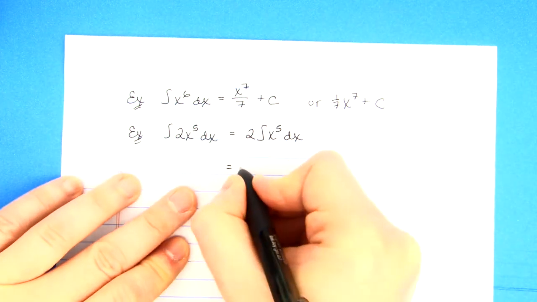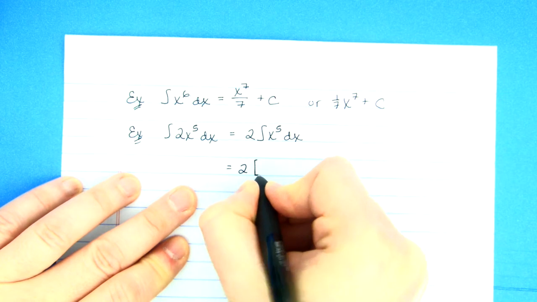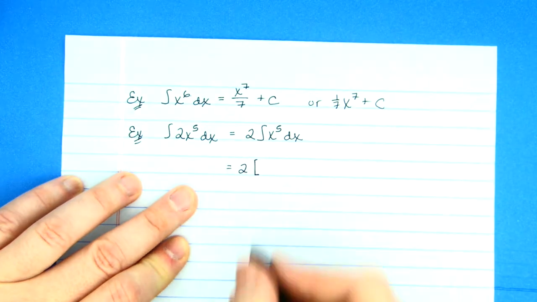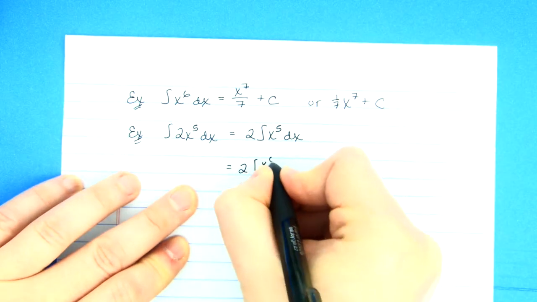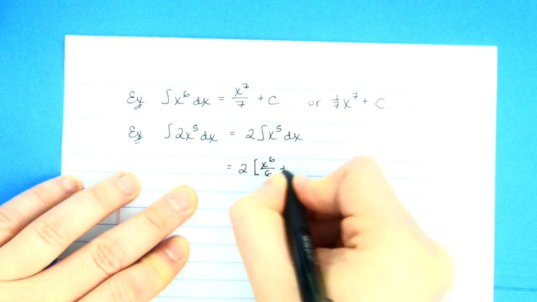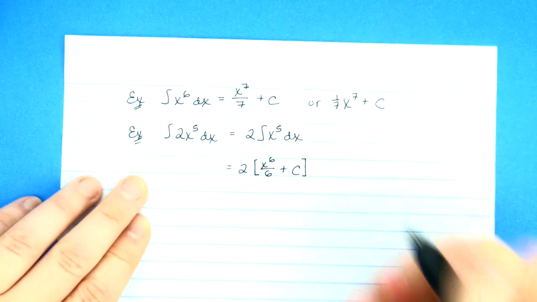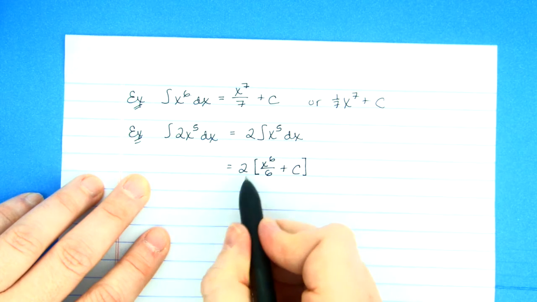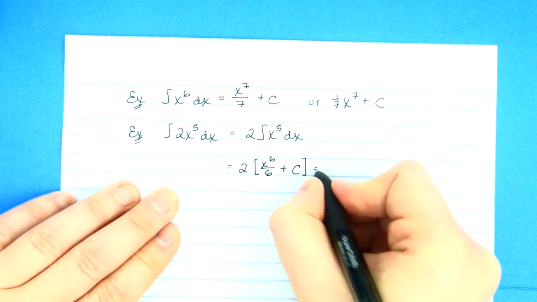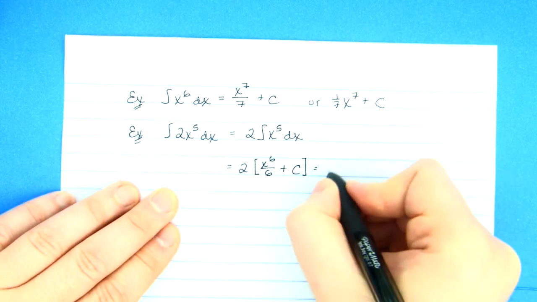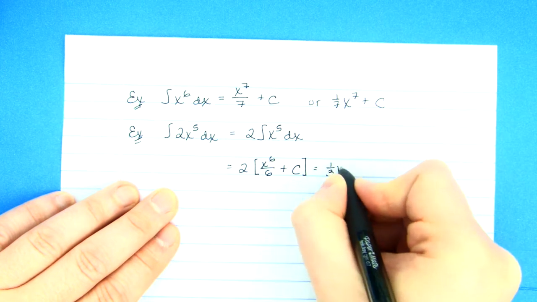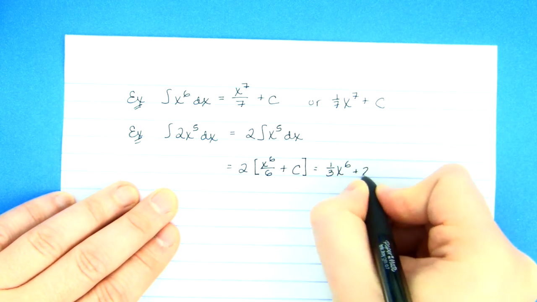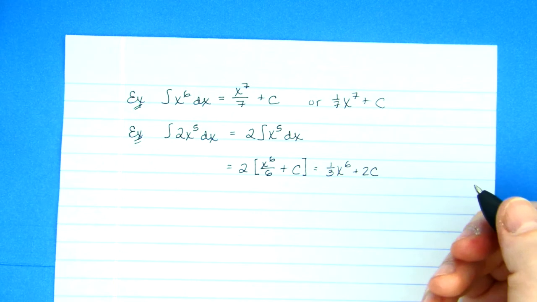Okay, so I'm going to get 2 times, let's see, the integral of x to the 5th is x to the 6th over 6 plus a constant. I'm going to distribute my 2. That's going to give me 2x to the 6th over 6. That's just 1/3 x to the 6th plus 2 times the constant.